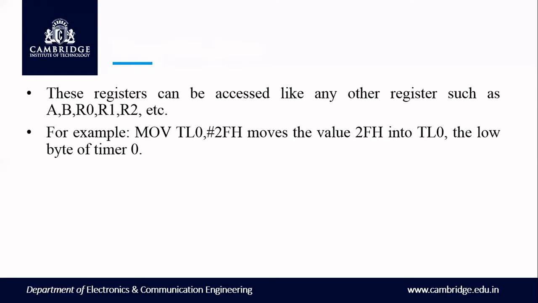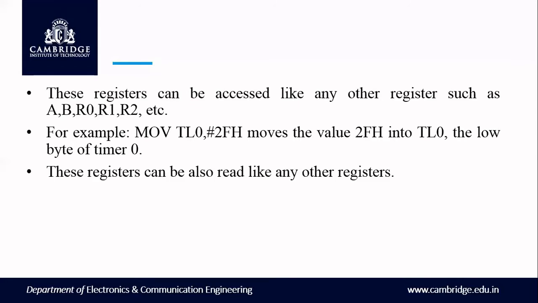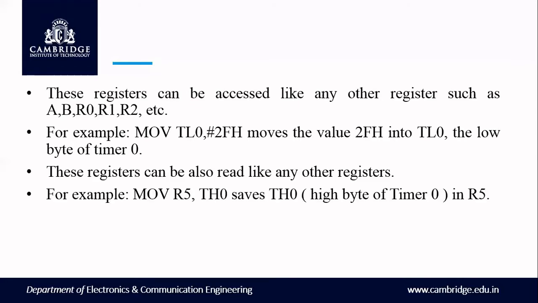Here is one example: MOV TL0, #2FH. So the value 2FH is loaded into TL0. Here we are writing into a register. Similarly, we can read the register also. For example, MOV R5, TH0. Means the TH0 value is loaded into R5. That is, you are reading the content of TH0.